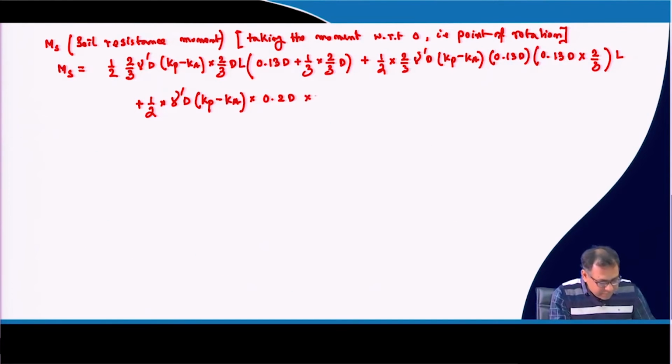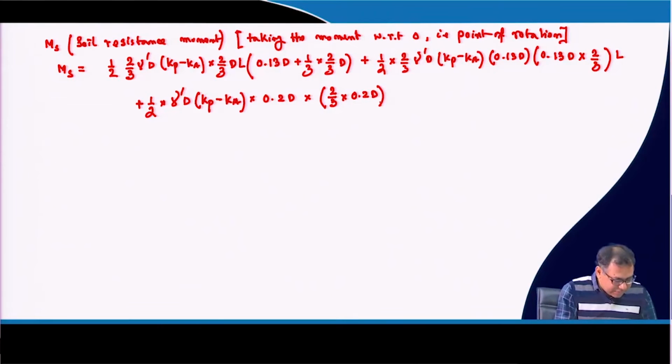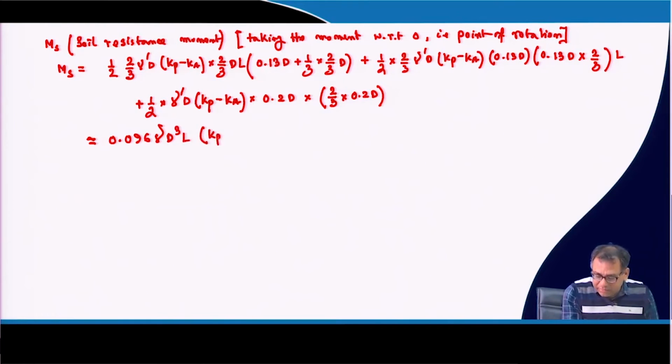If I simplify this equation, it will come roughly 0.096 gamma d cube L Kp minus Ka. Again, we have to multiply one L here.